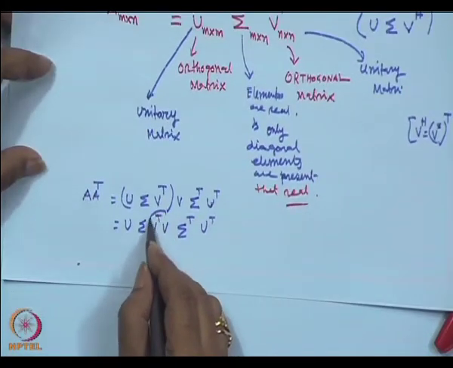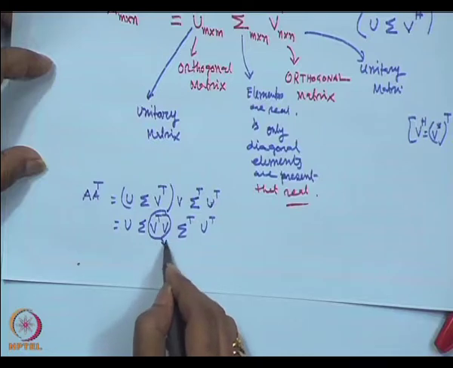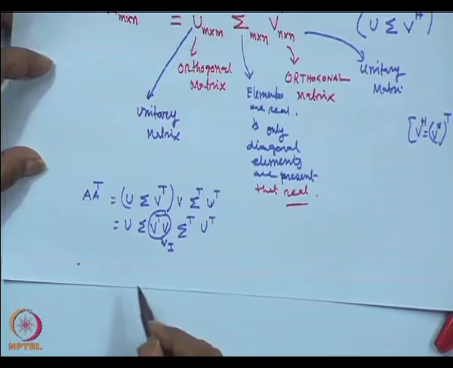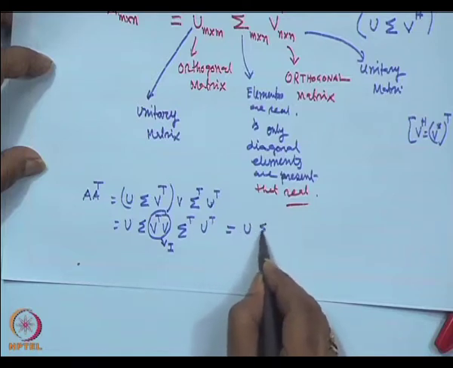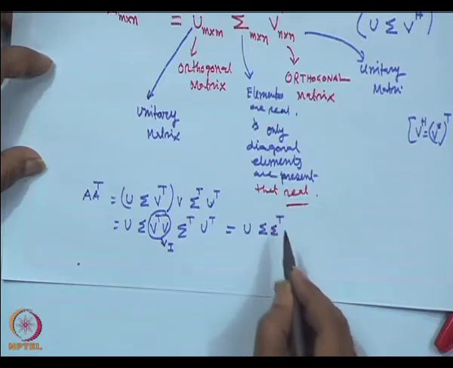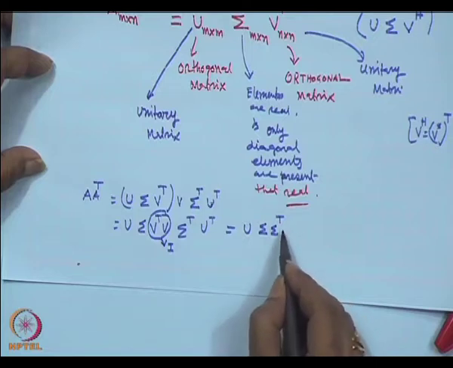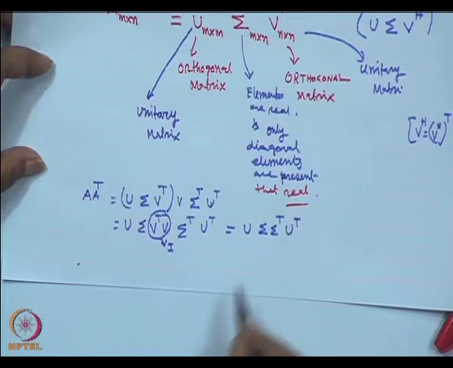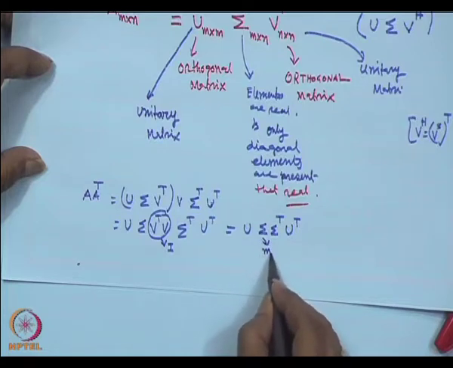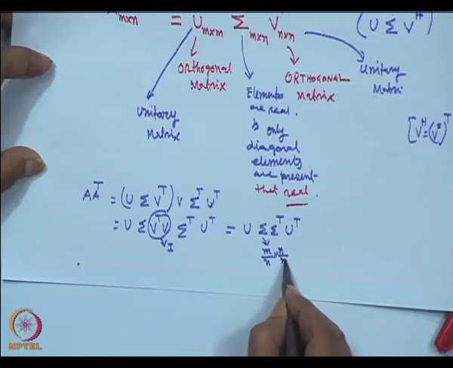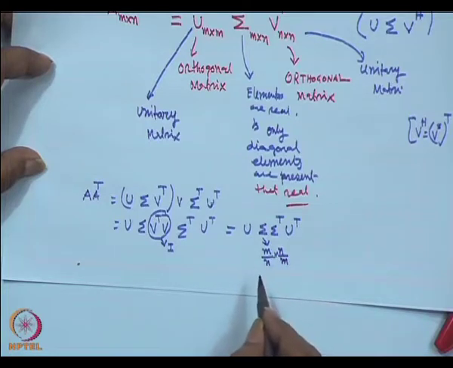This V transpose V is the identity matrix, by the orthogonal properties. Then what we can write remaining: U sigma sigma transpose, then U transpose. Now, this dimension is m cross n and this dimension is n cross n, so this will be m.